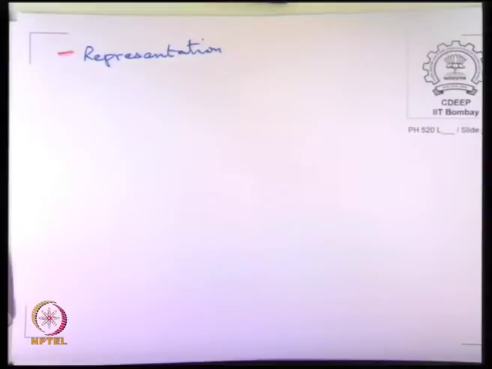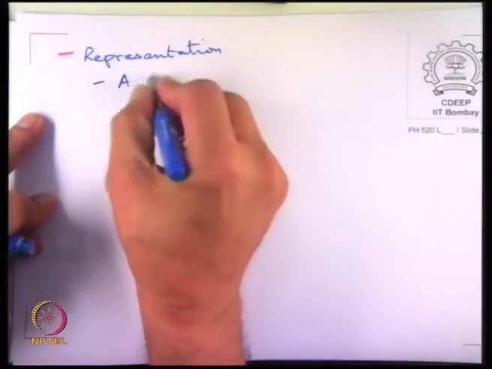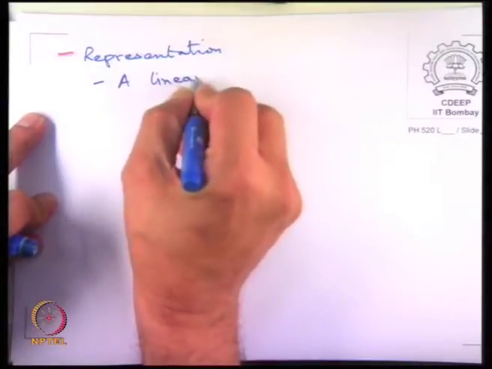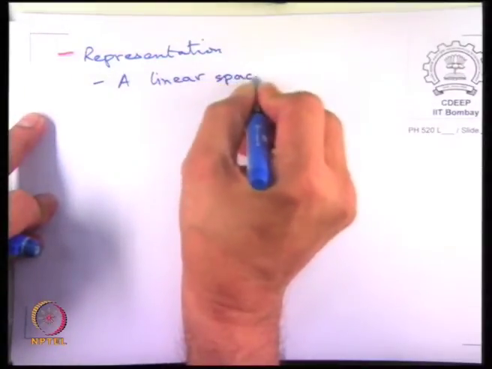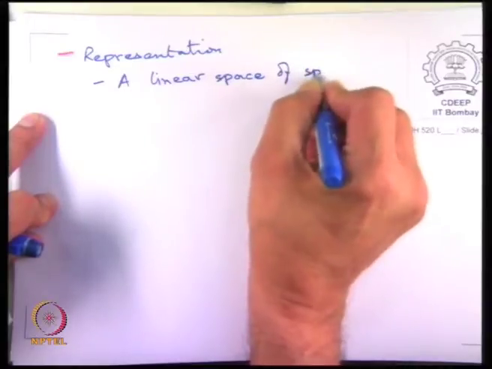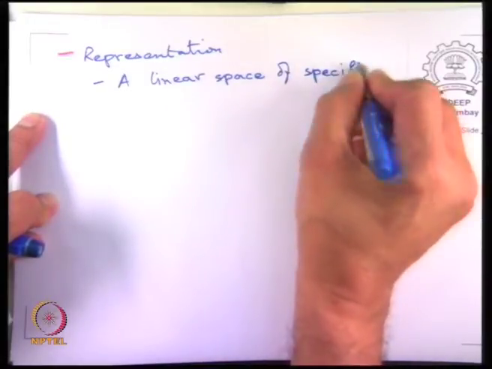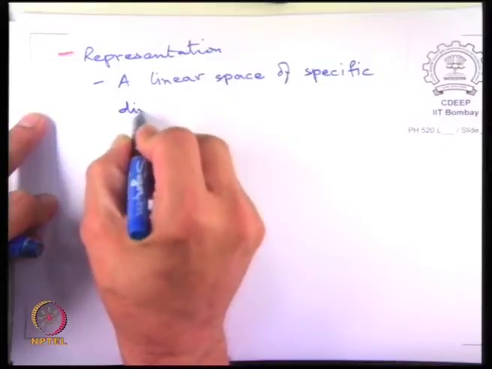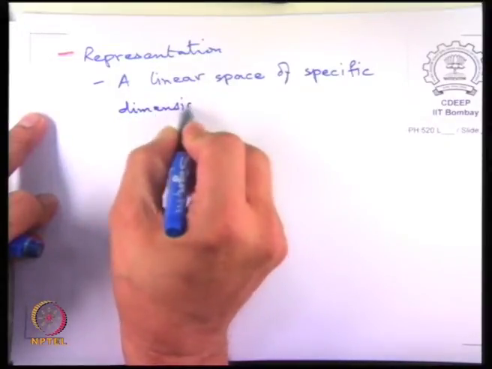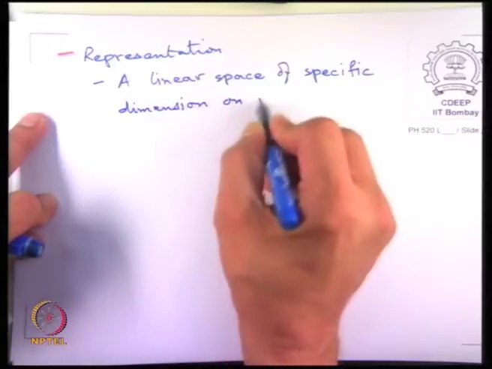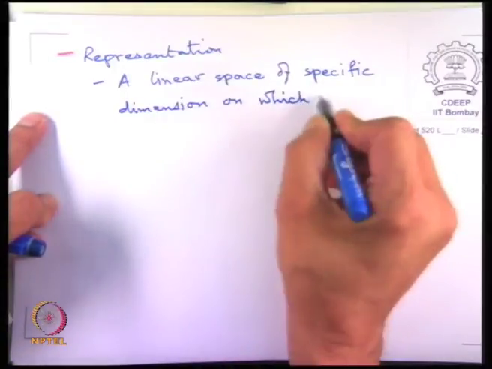When we say representation, we mean a particular size vector space, a linear space of specific dimension on which the group acts.